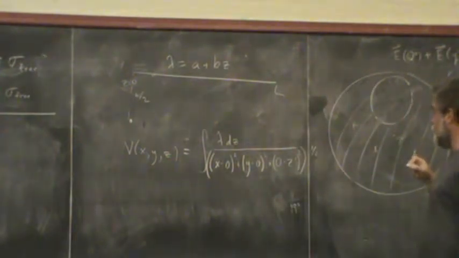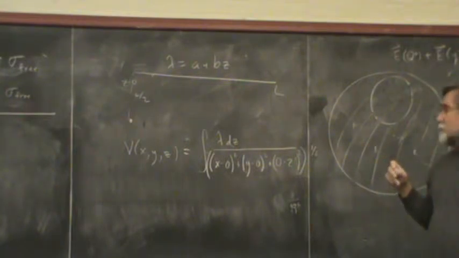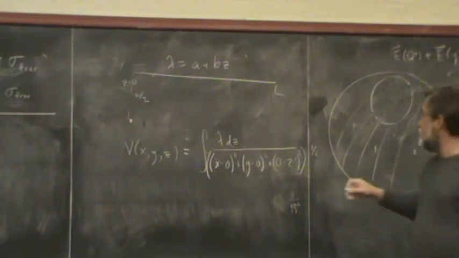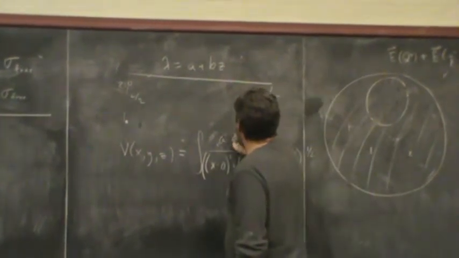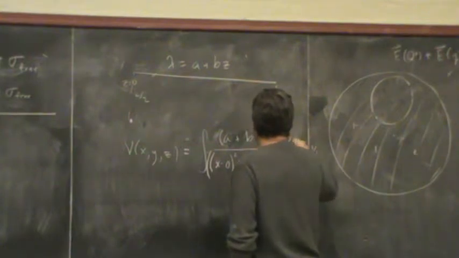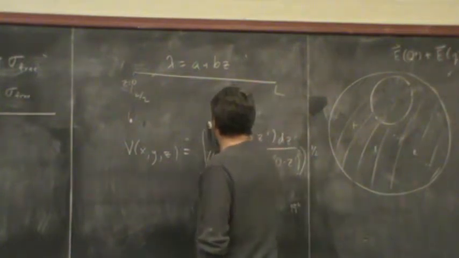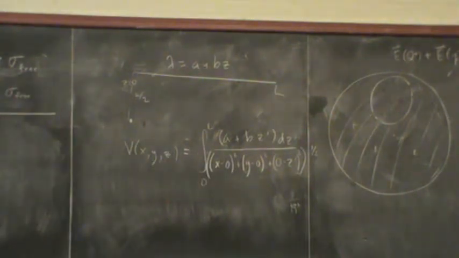So write it all out. It's a plus b z prime dz prime, from 0 to L. And then the electric field is the gradient of that.